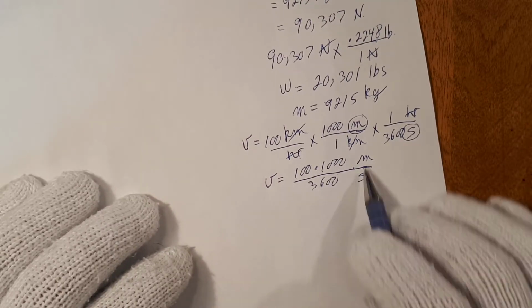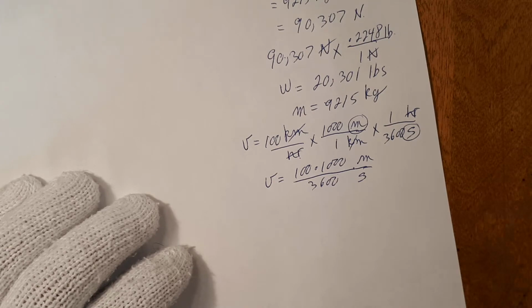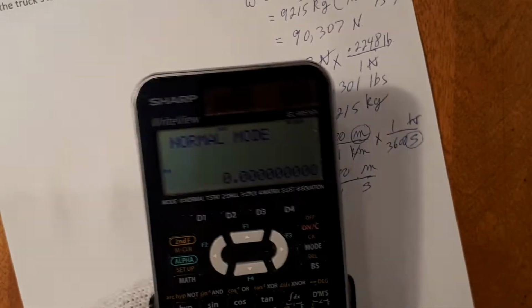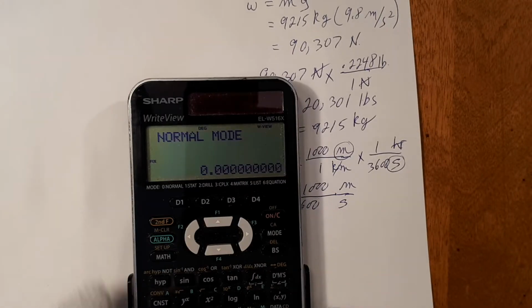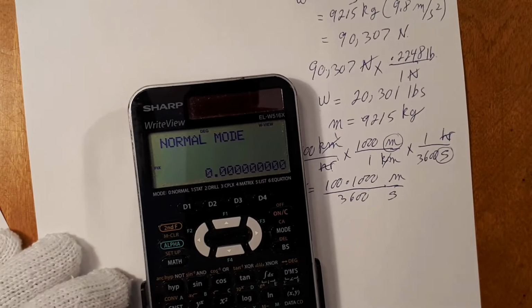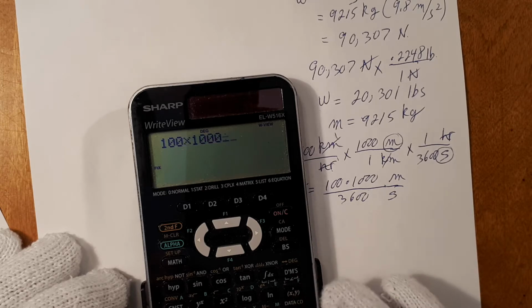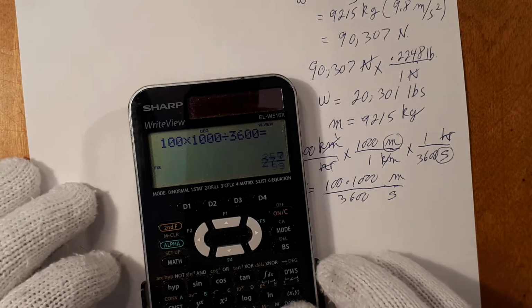Let's go ahead and put this in our calculator. It's 100 times 1,000, divide that by 3,600, and that's equal to, and I want to change that into decimals.